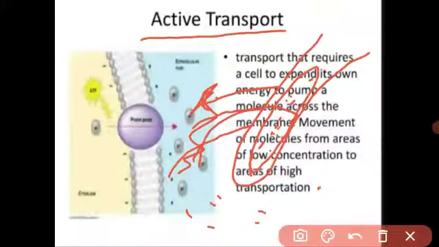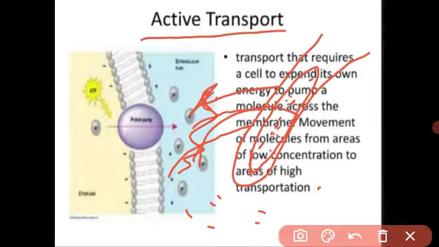Understood what is meant by active transport? Active transport helps the roots to absorb the minerals from the soil. With the help of active transport, the root can absorb the minerals from the soil.